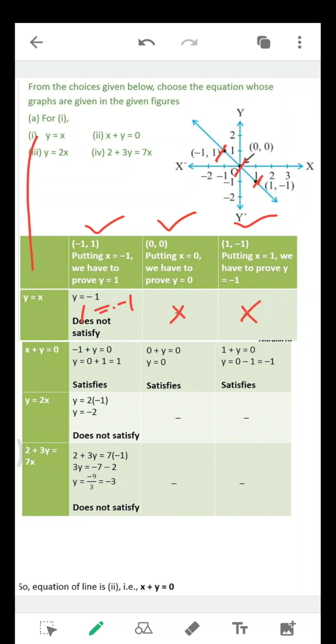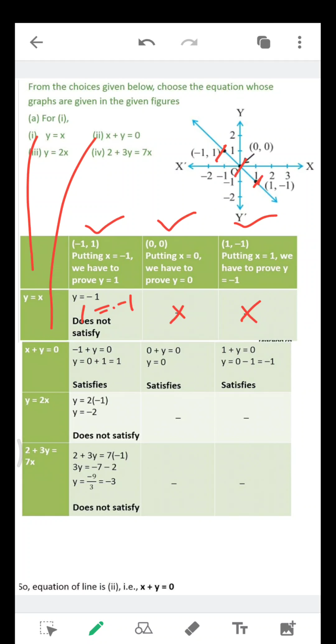Every point should be a solution of that equation. Every point must satisfy the equation. Let's go for the second equation now. x plus y. So what is our first point? Minus 1 plus y is equals to 0, y is equals to 1.